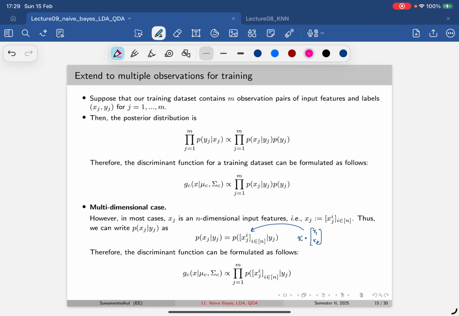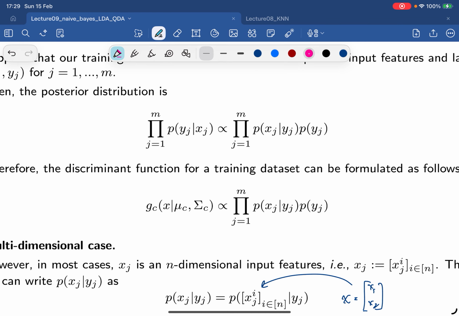This is just a summary. When you are considering the problem, if your x is just a scalar, you can write the probability this way, it's simple.